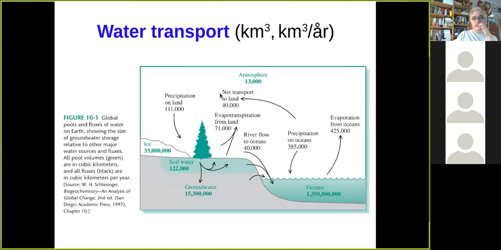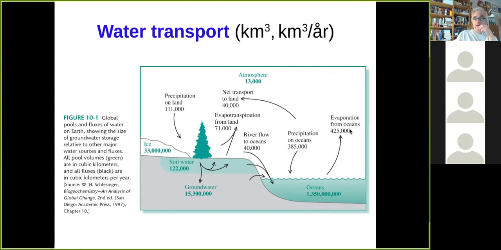There are a lot of circulations of different materials. For example, water. Here is a figure from an old book: water evaporates from lakes and oceans and precipitates also.